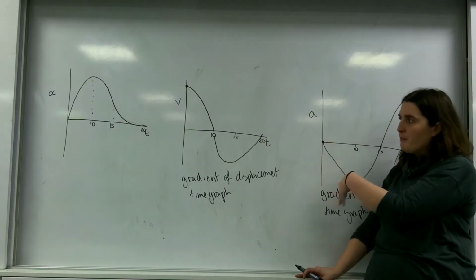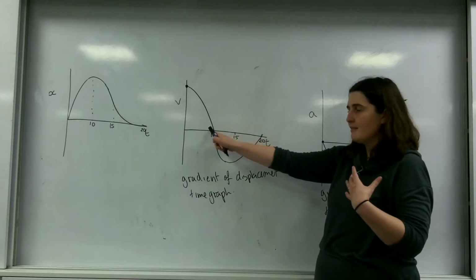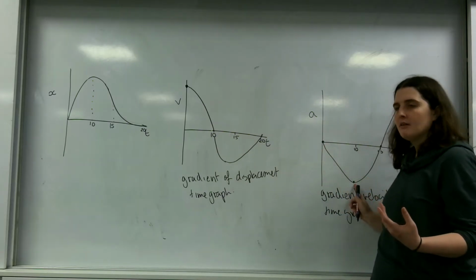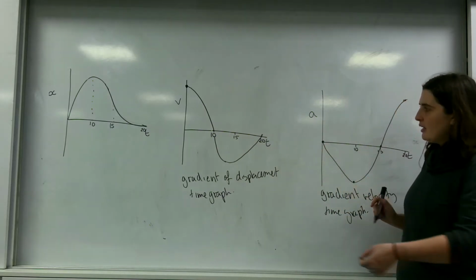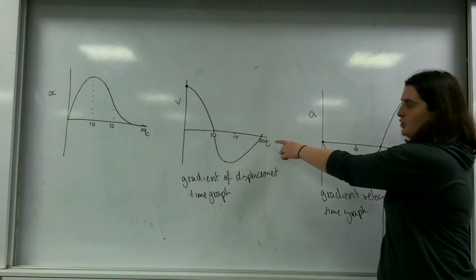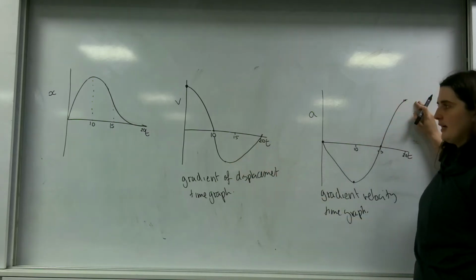So when I'm at my most slowing down, when my velocity is the least, here, 0, I have the most deceleration. When my velocity again here is 0, I must have accelerated quite a bit to try and get it back up to 0 because I've gone really negative. Okay?